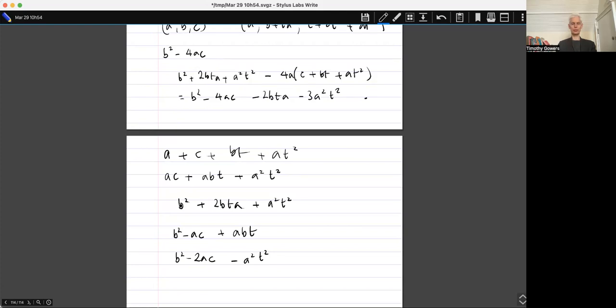After I've done the add t operation, it becomes b squared minus 2ac, and this thing cancels with two of these, and then I end up subtracting a squared t squared. But if I then go back in the other direction, why doesn't it mean I subtract a squared t squared again? That I don't understand. I think I must be making a mistake somewhere, so let me try to work out what that is.